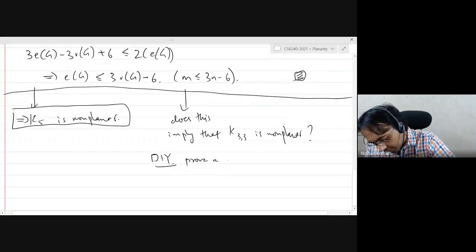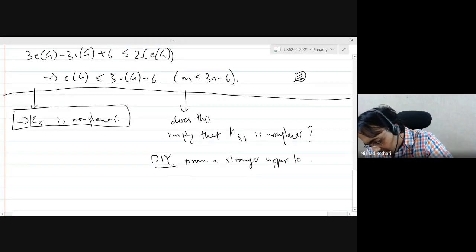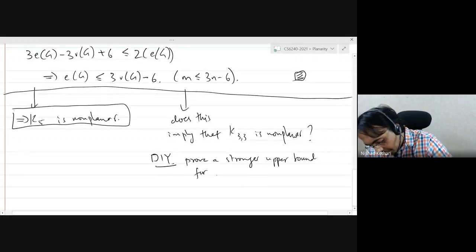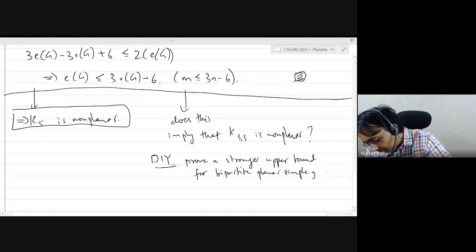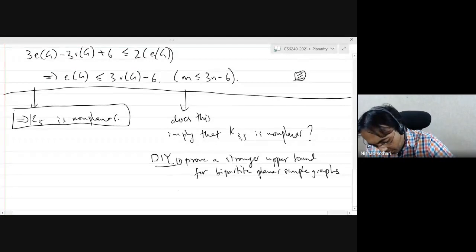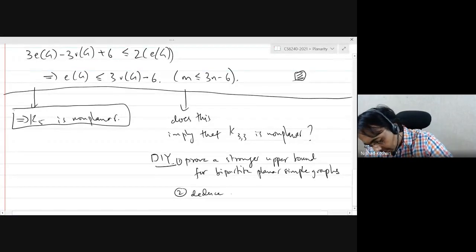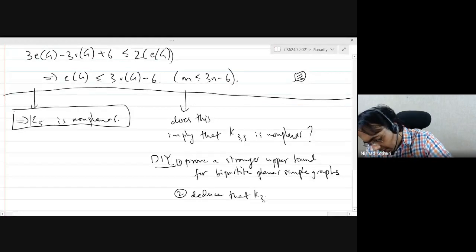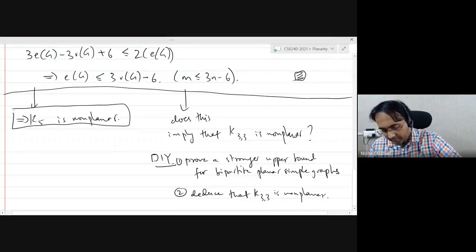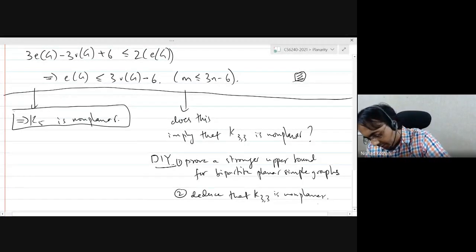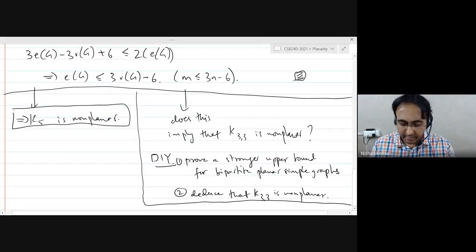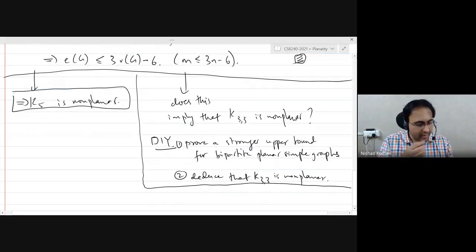Prove a stronger upper bound for bipartite planar simple graphs, and using this strong upper bound, deduce that K33 is non-planar. This might have already been an exercise in your previous course. It's a very standard exercise. It's very similar to what we just did, so I won't do it here.